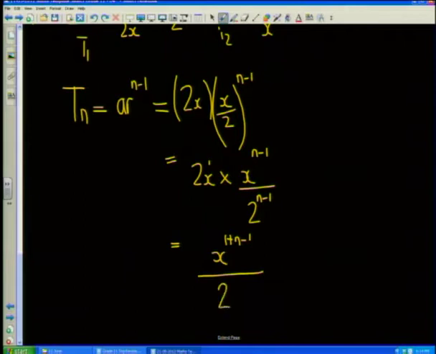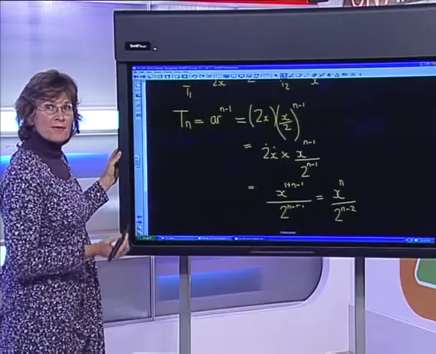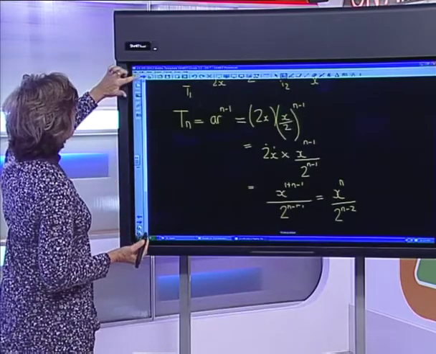I've got a 2 to the n minus 1, and I'm going to divide by this 2, which is 2 to the 1 minus 1. And so I'm going to get x to the n, tidying that up, and 2 to the n minus 2. So, Pumelelo, I hope you're happy with that, and then we can move on.